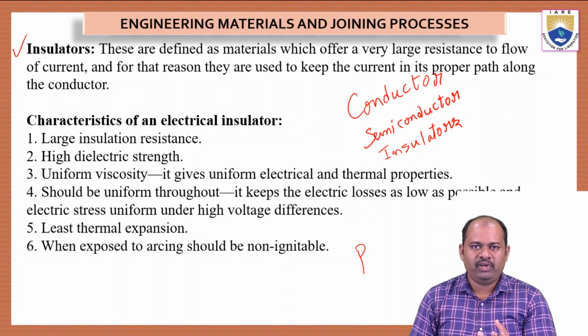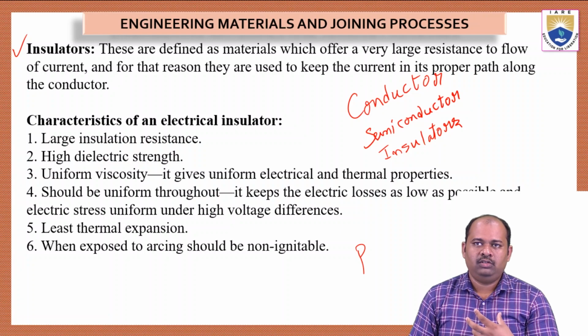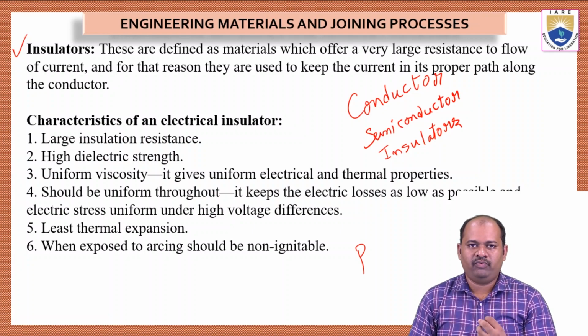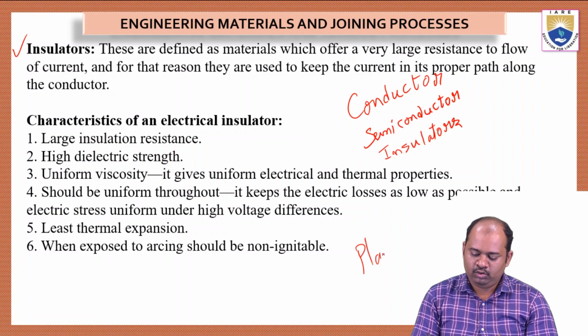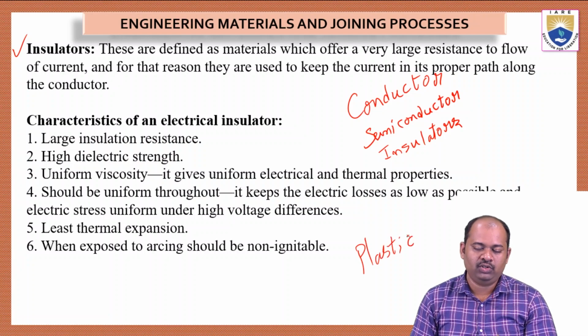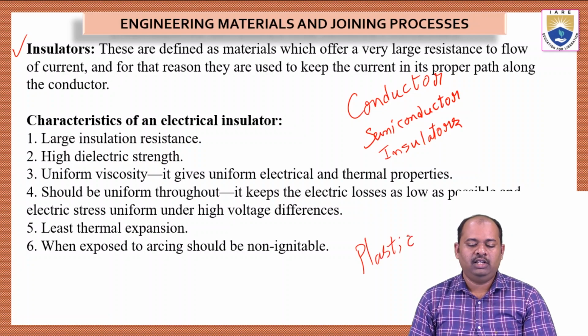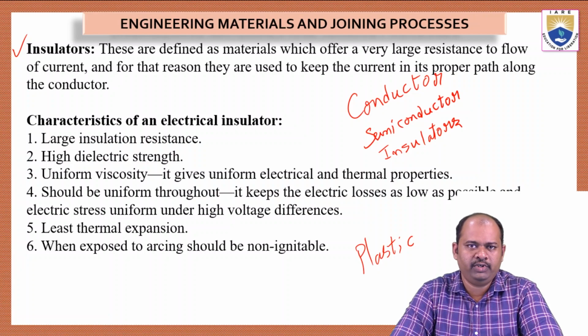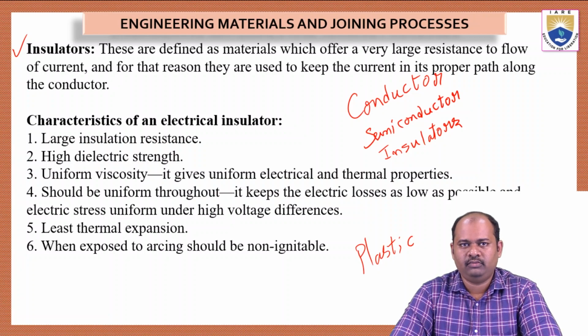When we touch a copper wire directly while it is electrified, we will get a shock. So we protect the copper wires with plastic. This plastic is a very good insulator, so it does not allow electricity to come out. Even though we touch a live electric wire, we will not experience any shock.